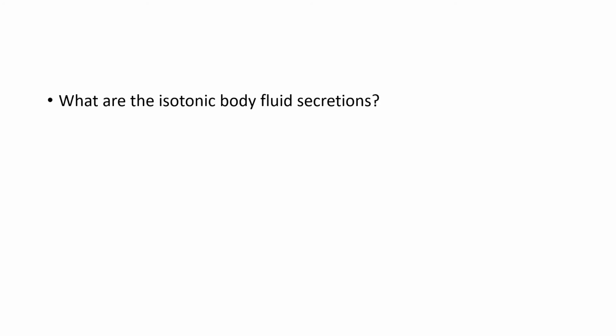What are the isotonic body fluid secretions؟ طبعا isotonic body fluid secretions اللي يكون فيها sodium concentration is nearly similar to the normal sodium in the blood, which is 145 millimole per liter or milli equivalent per liter. عندنا two secretions only which have this character.